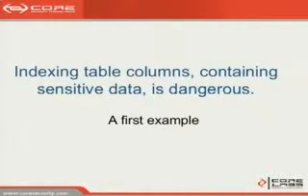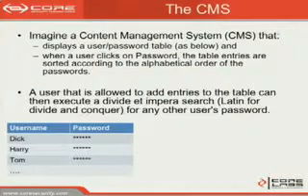So I mentioned indexing tables is a bad idea, and let me give you an example of why this is so. Imagine a content management system that has users and passwords in a table, and they are displayed in this way in the web application. From the web browser, you can register, and registering, you type your username and your password.